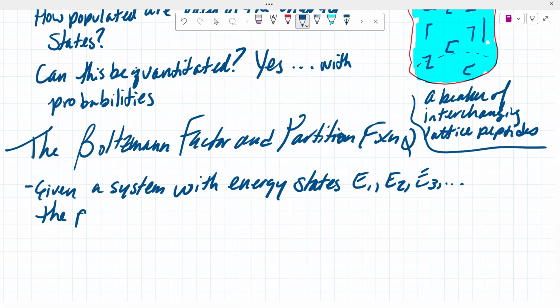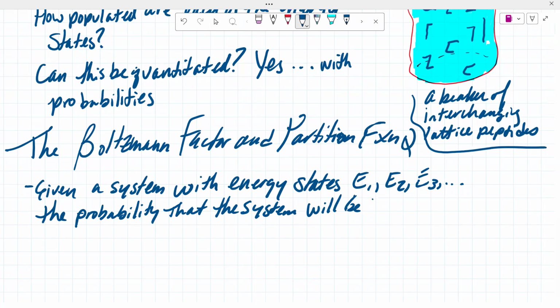The probability that the system will be in state with energy E_J, this is energy with the subscript J. That is, of the various choices, we could index them.